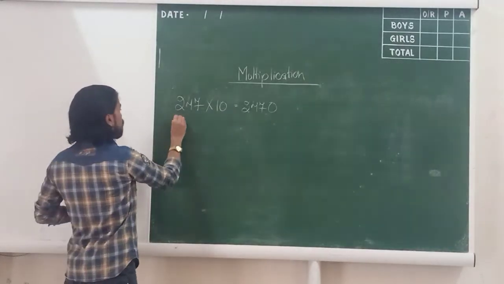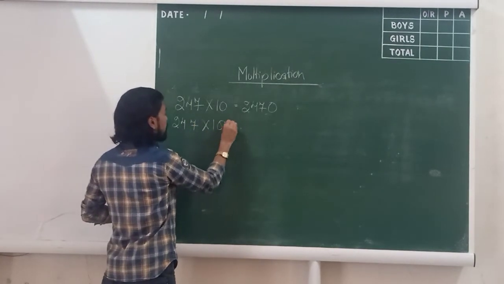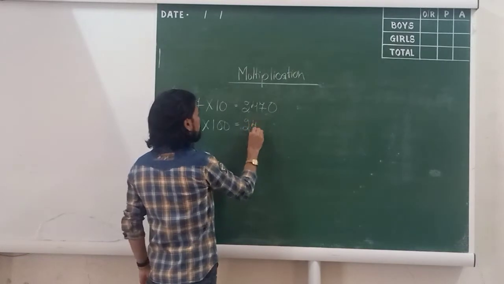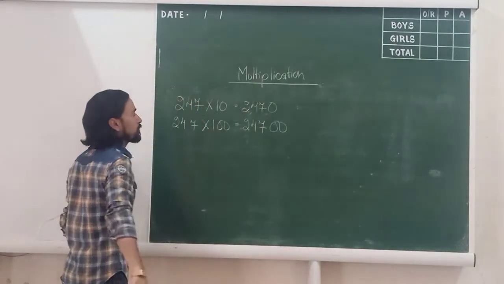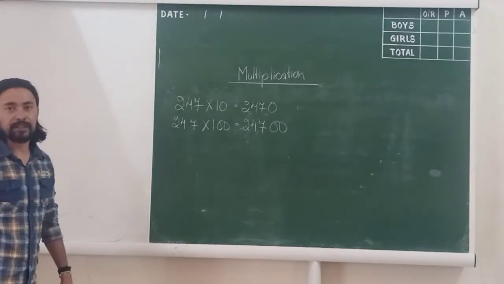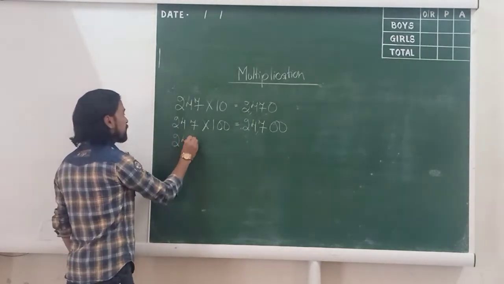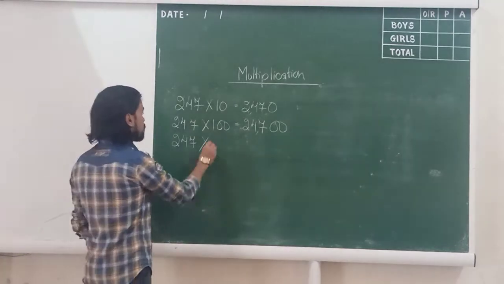Similarly, if I take 247 again and multiply it by 100, what do I get? Again I write down the number and add 2 zeros. So this becomes 2470, and this becomes 24,700. Similarly, what can I multiply 247 by to get more zeros? 1000.